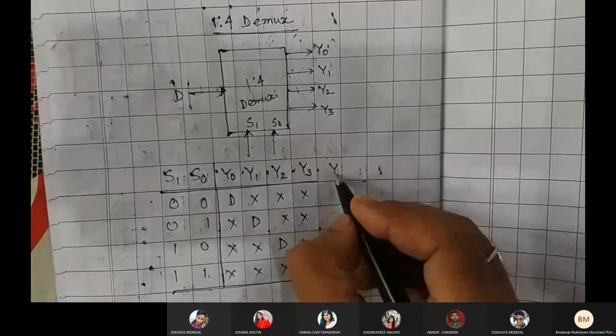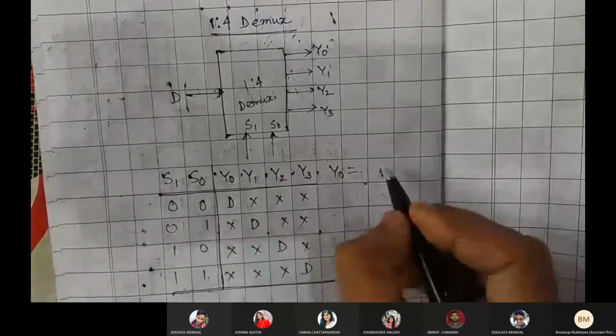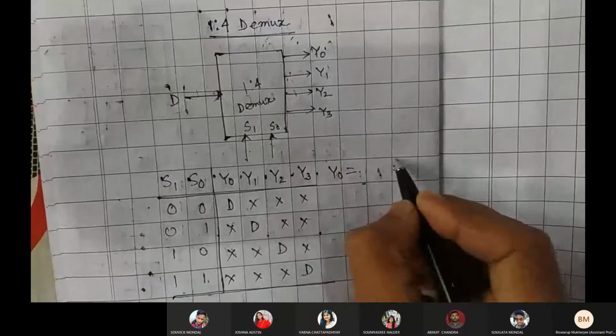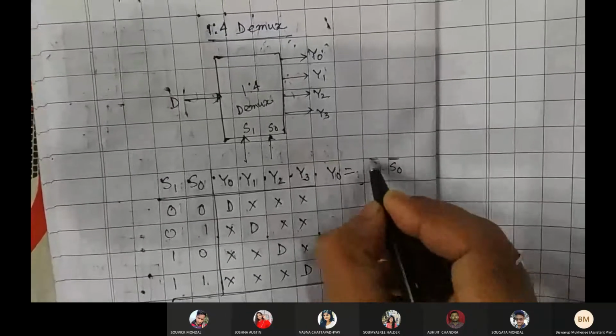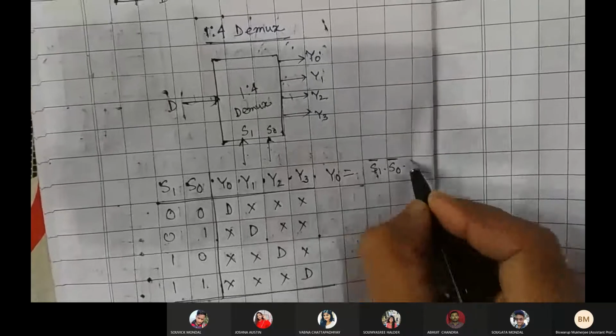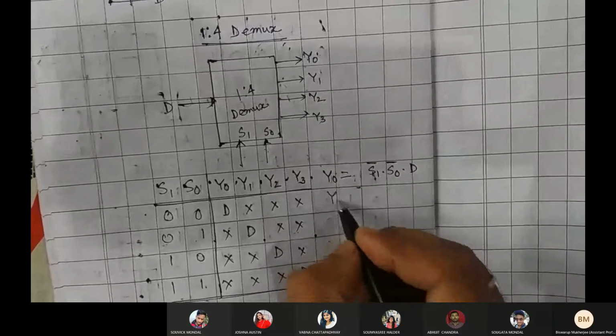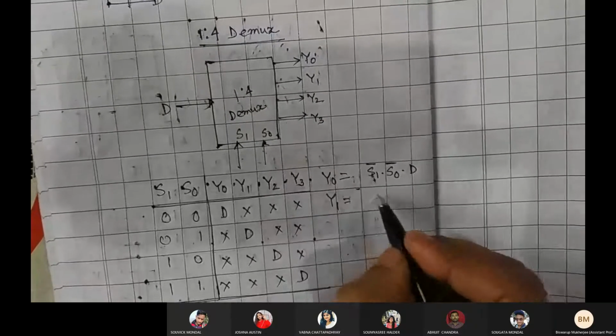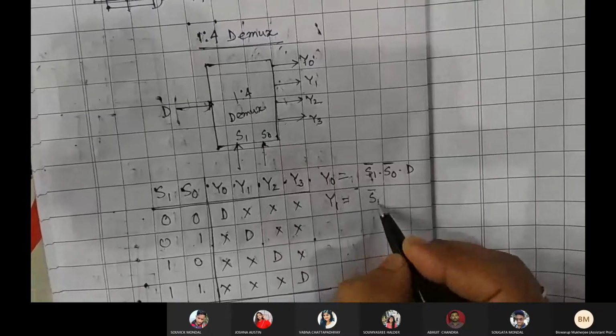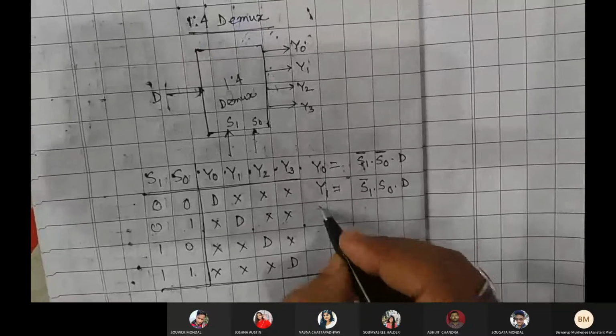Accordingly, we can write down Y0 is equal to S0 bar, S1 bar into D. Similarly, Y1 is equal to S1 bar, S0 dot D. So always D is common, make sure.